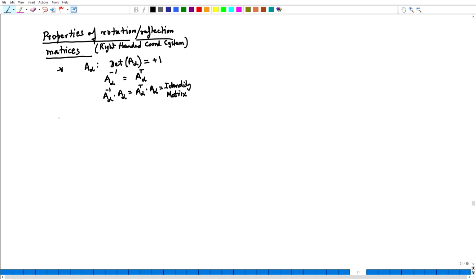Now, for the reflection matrix, the determinant of a reflection matrix will always be minus 1, and the reflection matrix would be its own inverse, which means the inverse of the reflection matrix sigma is equal to sigma itself. Again, all this means is that sigma inverse multiplying into sigma is the identity matrix.